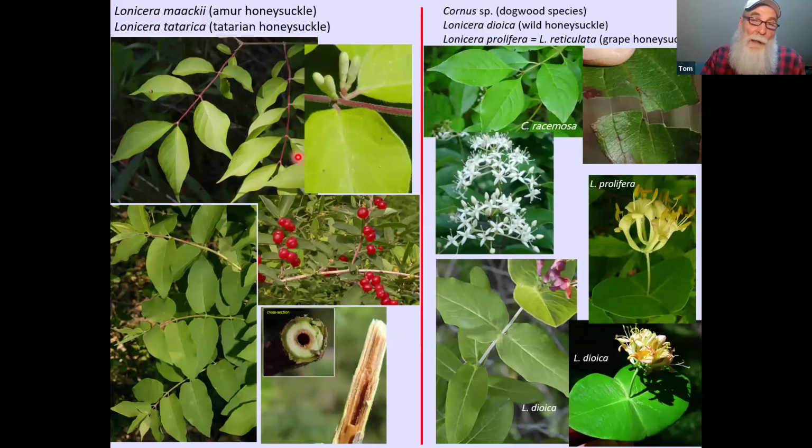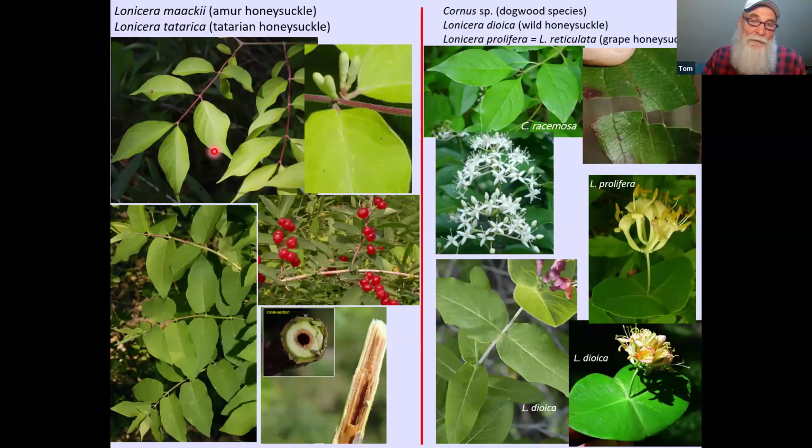The flowers on the non-native honeysuckles occur in the axils of the leaves. Basically, there's a pair of flowers. Now, these are two flower buds that haven't quite opened up yet in Amur honeysuckle, but there's a pair in this leaf axil, there's a pair in this leaf axil. And here we're looking at Tatarian that's gone to fruit. And so the fruit, of course, is also going to be pairs of berries in the leaf axils.